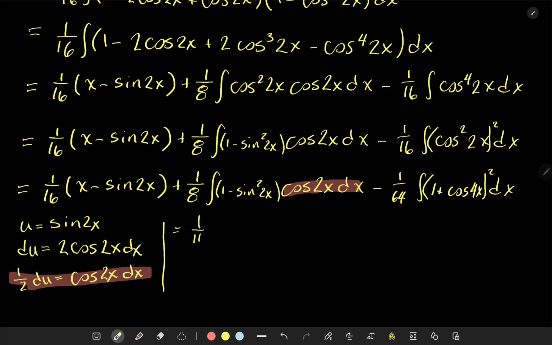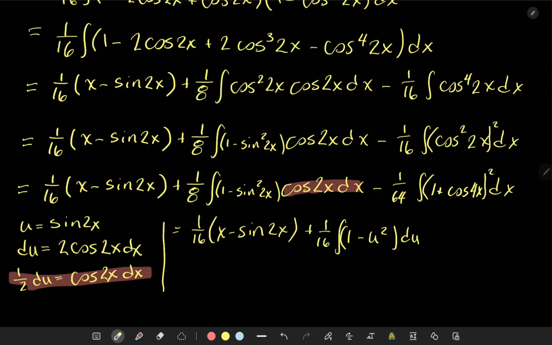So 1/16 of x minus sine of 2x, and then you're going to have 1/8 of the integral of 1 minus the sine of 2x is going to be u squared, and your du is going to be a 1/2 of du. Let me put the du here and multiply times 1/2 out here with 1/16.